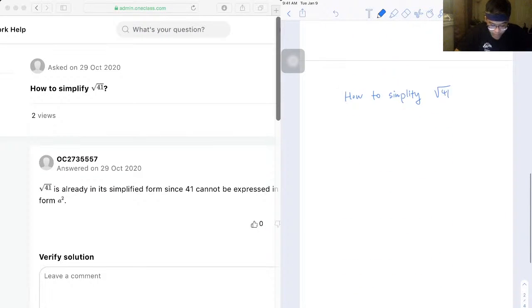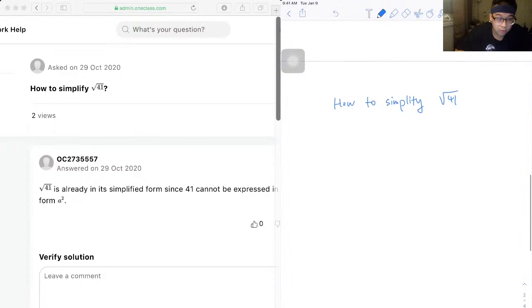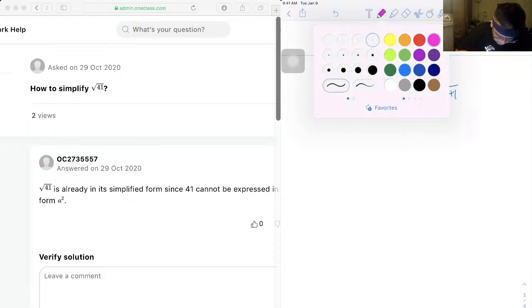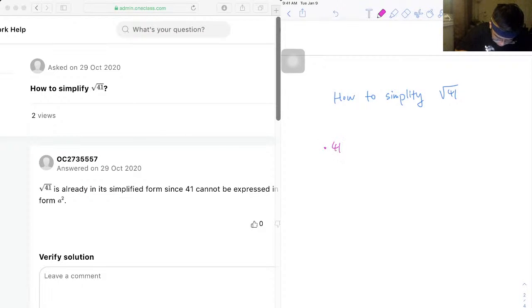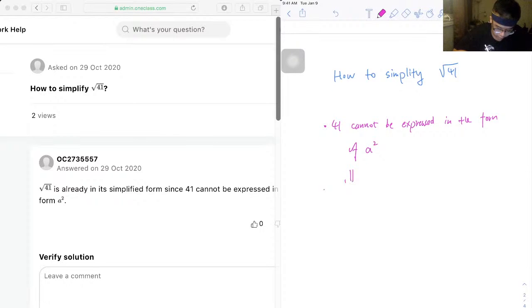However, we know that 41 cannot be expressed in the form of a square. So let's write it here: 41 cannot be expressed in the form of a square. So therefore, root 41 is already in its simplified form.